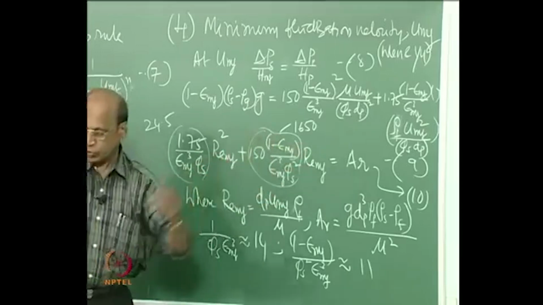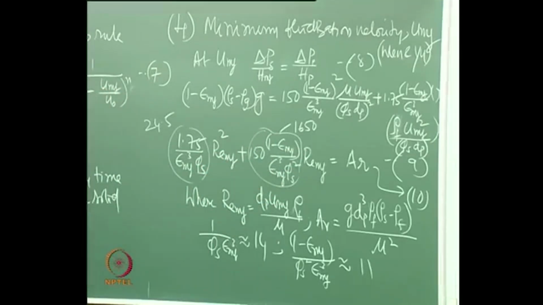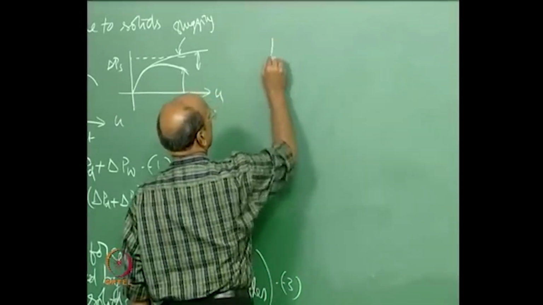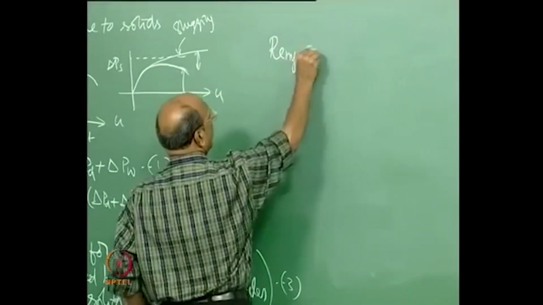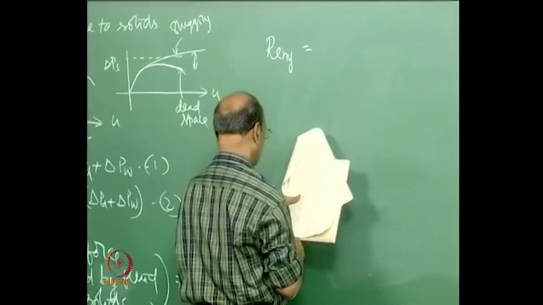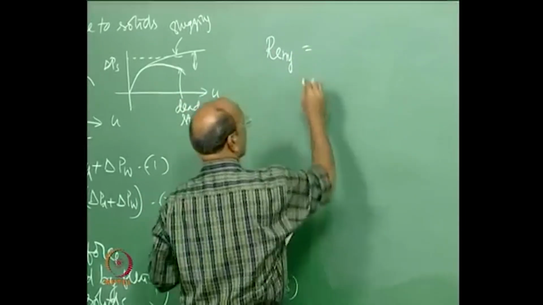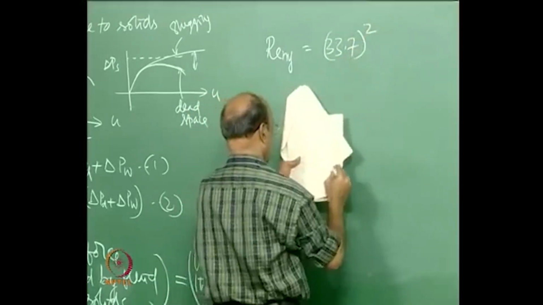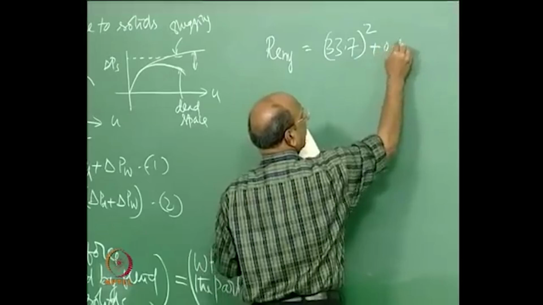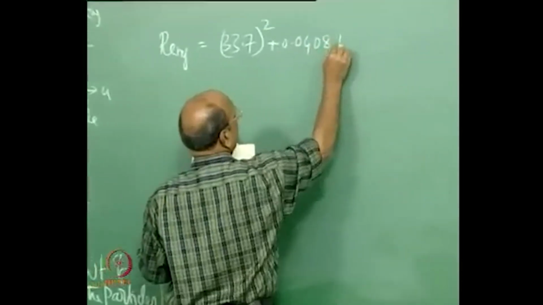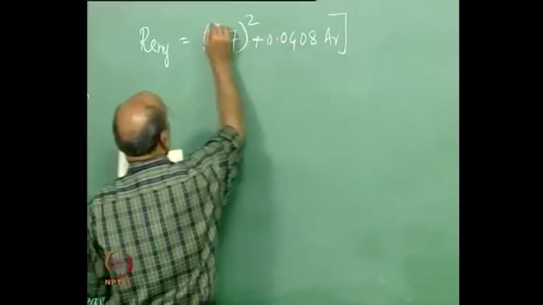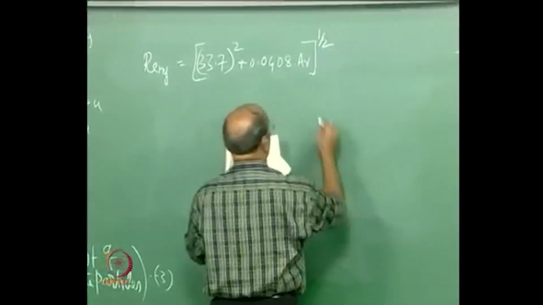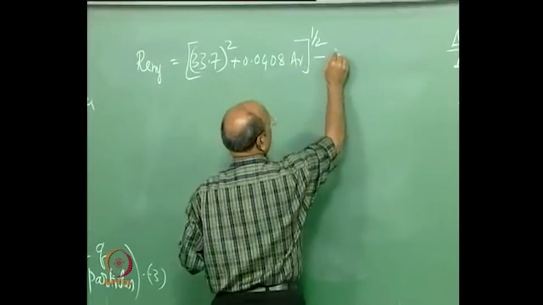So if you solve the equation, what you get for minimum fluidization velocity is REMF equal to the square root of (33.7) whole square plus 0.0408 Archimedes number, minus 33.7.